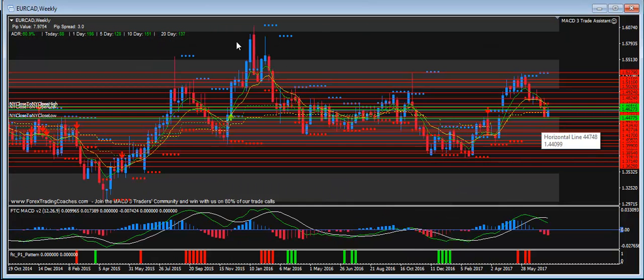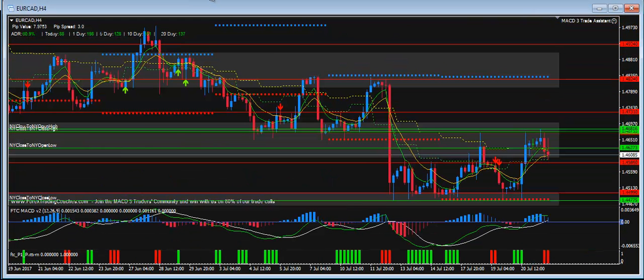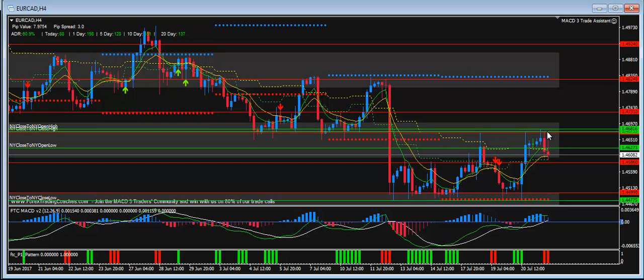And so here's how we set that up. We look for the levels of support and resistance that are significant and important. And at the moment, this 4-hour chart right here at this resistance area is one of those significant and important levels.